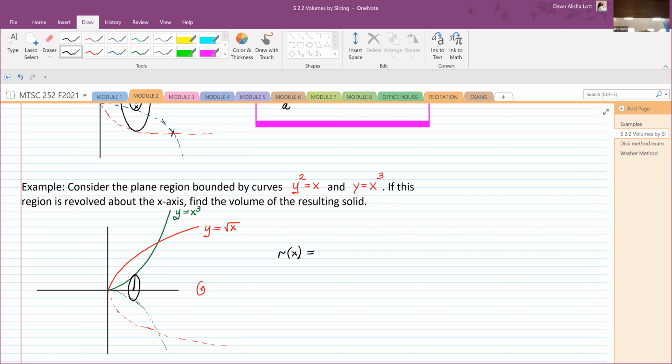Will the radius be x to the 3? Okay, so that's going to be x cubed. Okay, so I need an honest answer from anyone who was not sure how to find that, because I will explain it if you're honest with me and tell me you didn't know how to figure that out.